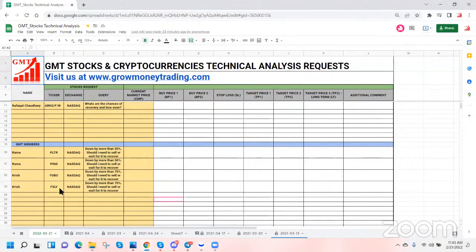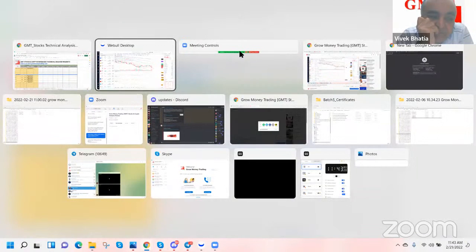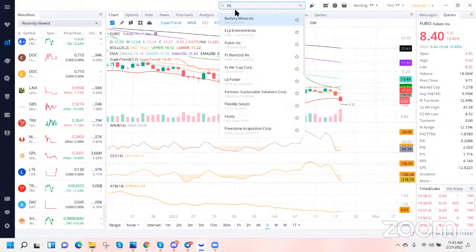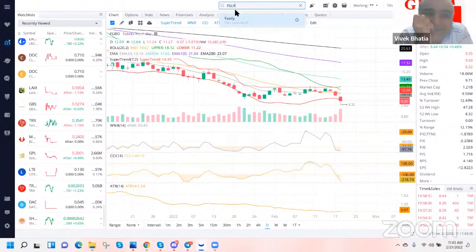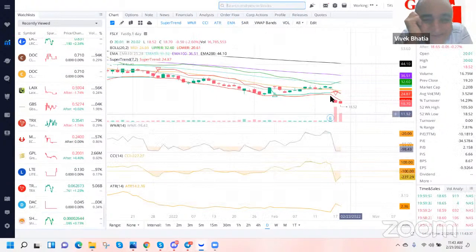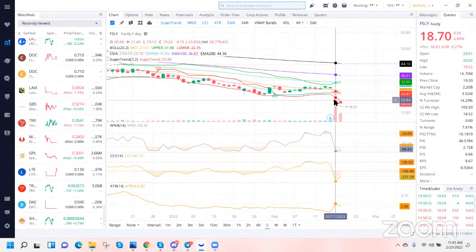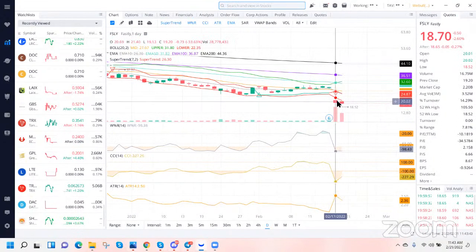Okay. So we'll take the last as FSLY. I think it is Fastly, and it has gone down fast. That is a gap down. Upon earnings, it had a gap down.